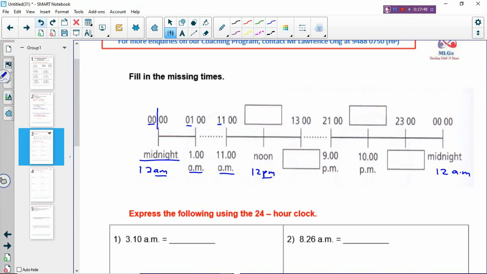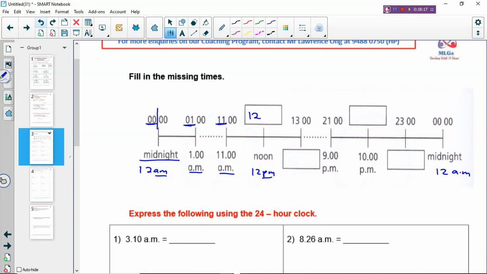Okay, so how to not get confused? Very easy. To convert to 24-hour clock, how do you recognize whether it is morning or afternoon or night? You look at the hour. If you see that there's a 0 in front, or there's an 11, then that is morning. Then how do you know it's afternoon? When the hour turns to 12.